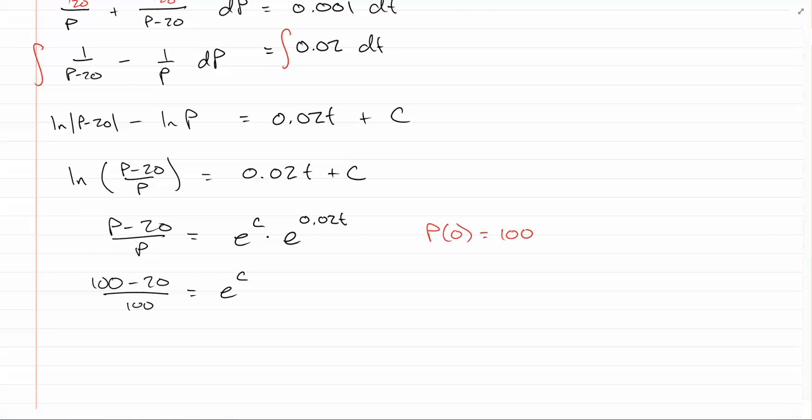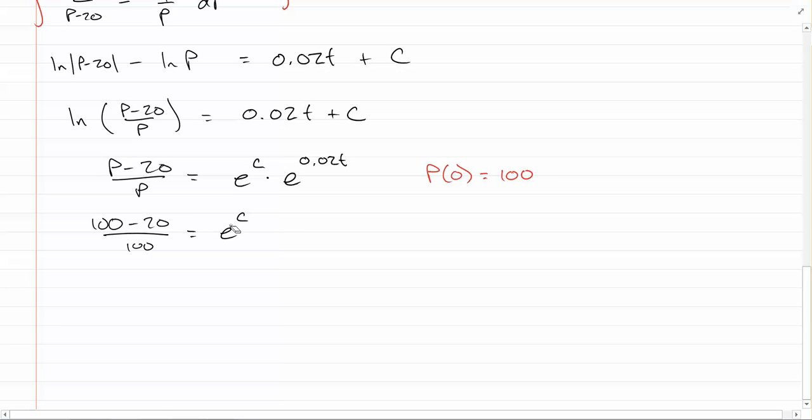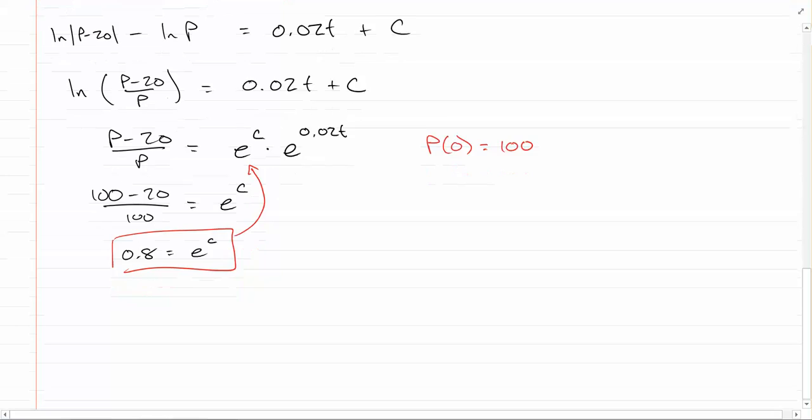The nice thing about plugging in 0 for t is that e to the 0 is 1, so that allows me to figure out that constant e to the c. e to the c is 80 over 100, which is 0.8. That's the value of that constant, so I can plug that in.